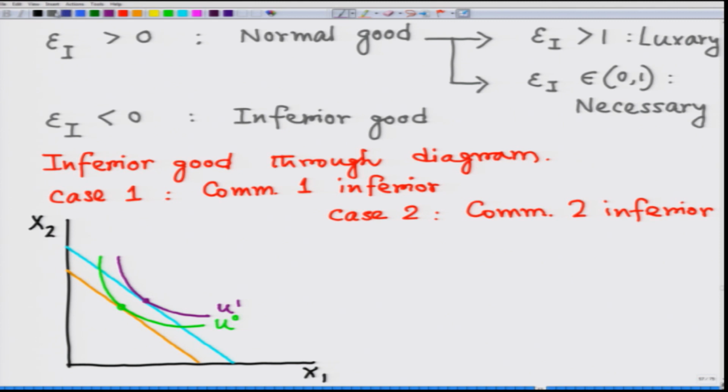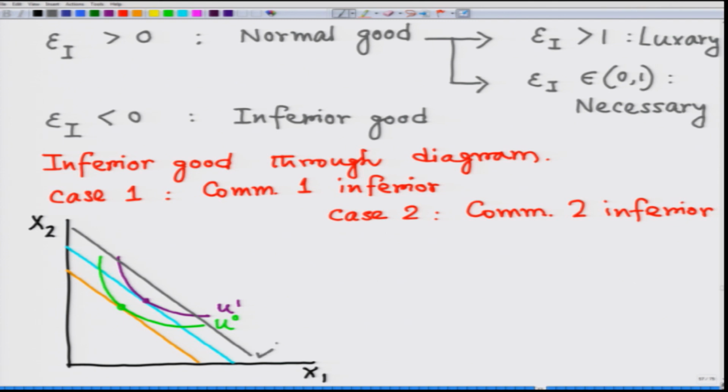We can have another round of income increase, and in that case again we see a parallel movement in the budget line. And now, if I assume that commodity 1 is an inferior good, then I assume that commodity 1's consumption to fall with respect to this new budget line.